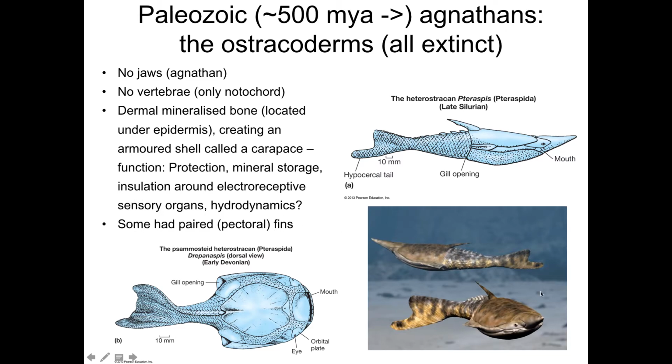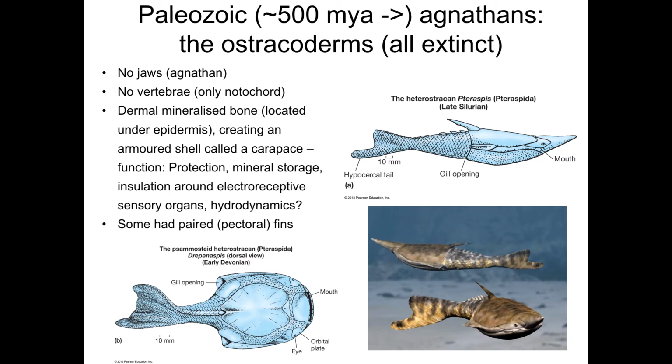It also possibly could serve as insulation around electroreceptive sensory organs, or possibly allow these early fish to fly better through the water, have a sort of hydrodynamic function, to give them lift while moving forward in the water.